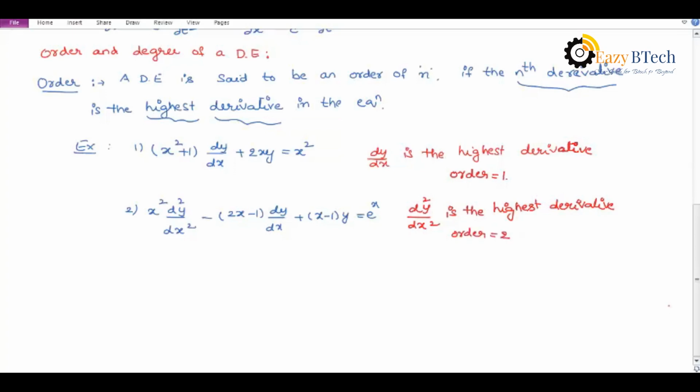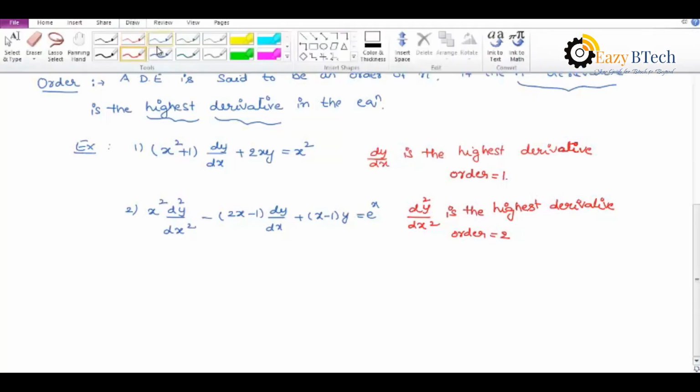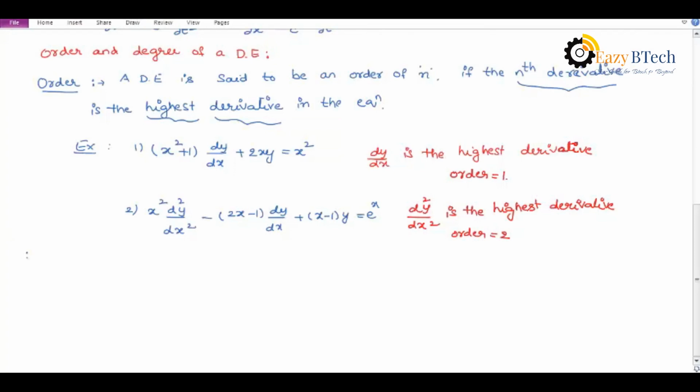Okay, and the next one, the degree of a differential equation.